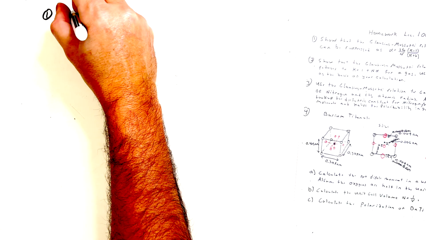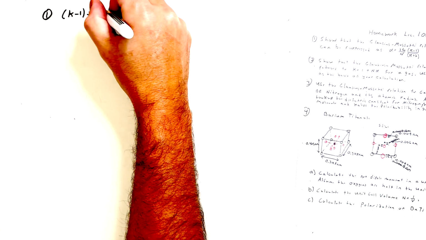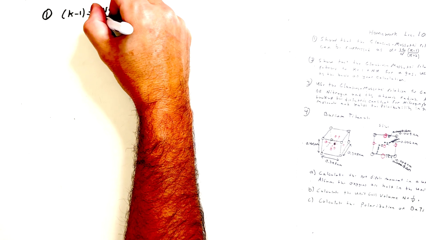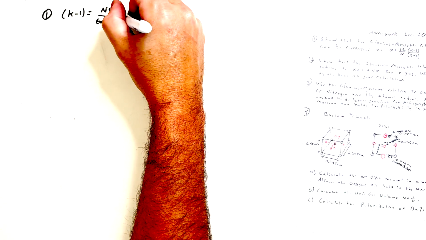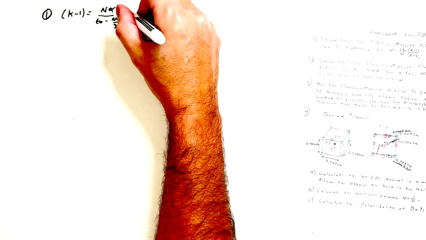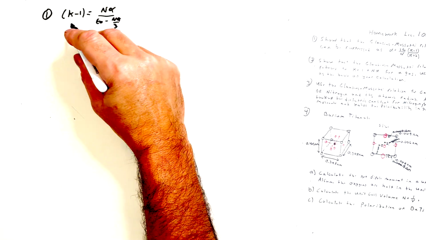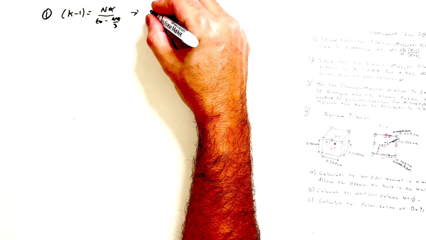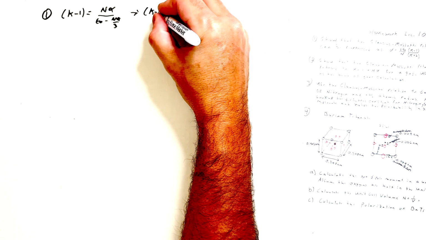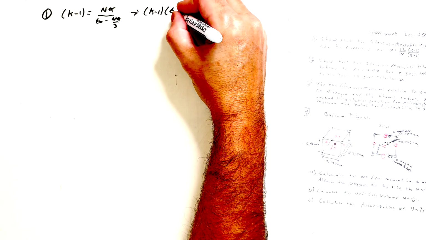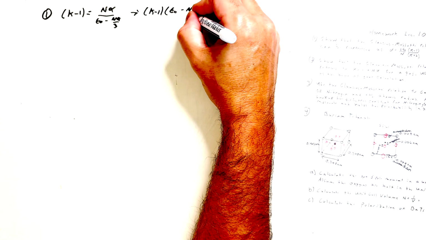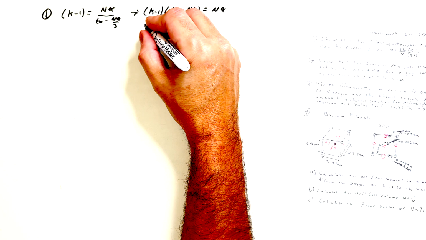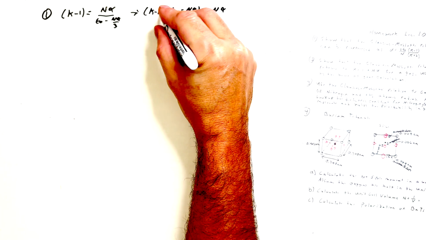All right, so we start with kappa minus 1 is equal to n alpha over epsilon naught minus n alpha over 3. Okay, which we can take this denominator and just multiply it on the left, and we'll get kappa minus 1 times epsilon naught minus n alpha over 3 equals n alpha, for which we can then distribute the kappa minus 1.